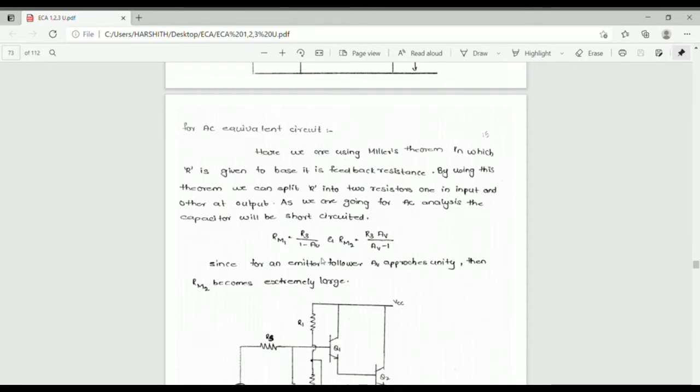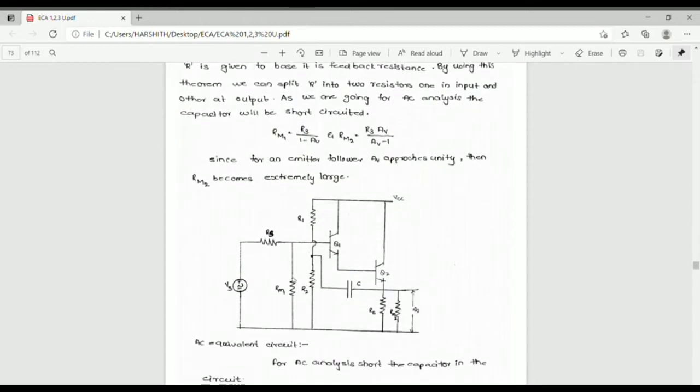So this is the RM1 resistance, and this is the RM2 resistance. The feedback resistance R is split into these two resistances, RM1 and RM2. RM1 is at the input and RM2 is at the output.